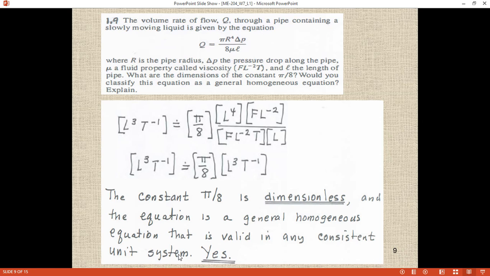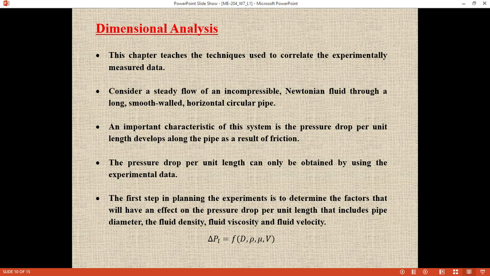Yes. Okay, so now let's see what dimensional analysis is and why we do dimensional analysis. This chapter teaches the technique used to correlate experimentally measured data. It means that the dimensional analysis technique is mainly used in the research and development department that every company has. Whatever new product or component they develop, they have to test.